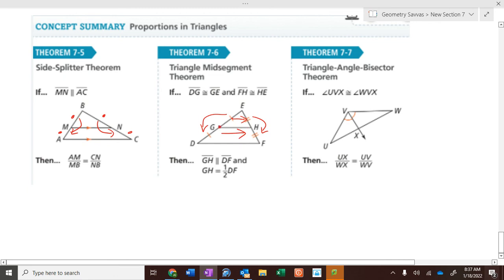And if these are midpoints, the midsegment is half the length of the side it's parallel to. And the triangle angle bisector theorem, this over this equals this over this, or this over this equals this over this. Any of those proportions work. So it's all proportions, proportions, proportions, except for this. If it's a midpoint, then it's half the length of the other side.